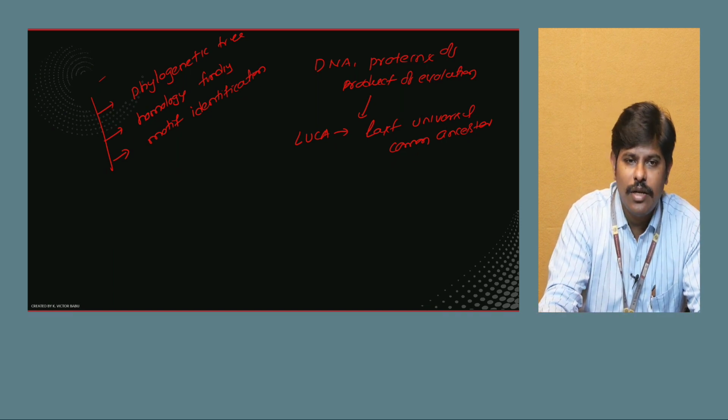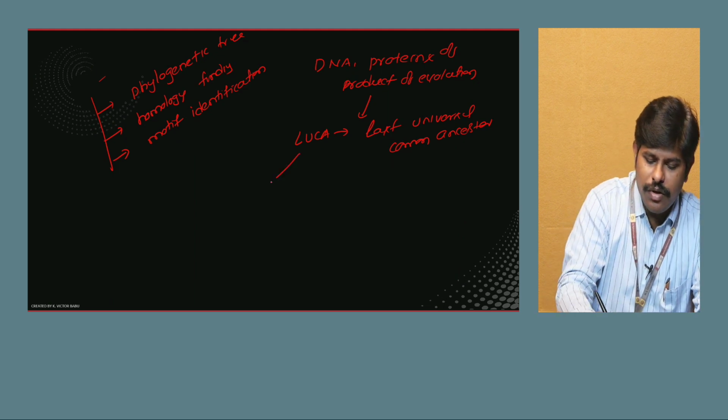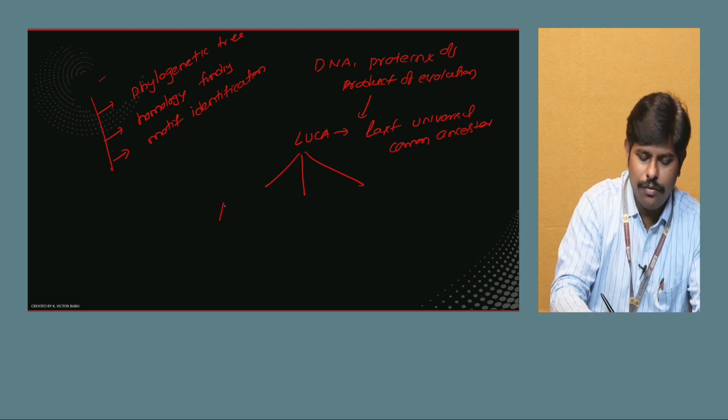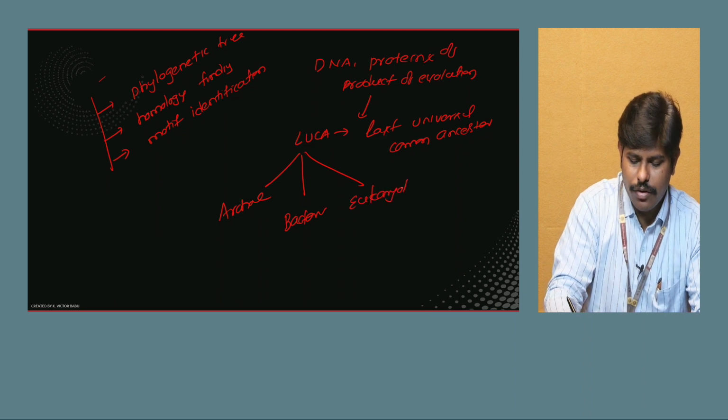It has proteins, cell membranes, energy, metabolisms. From this, bacteria and eukaryotes have evolved.